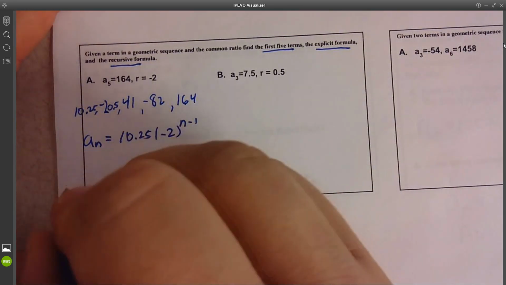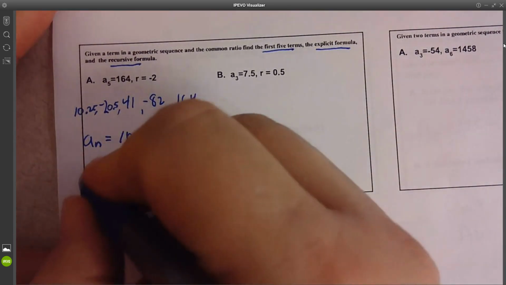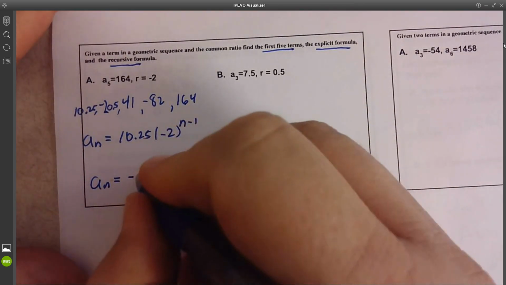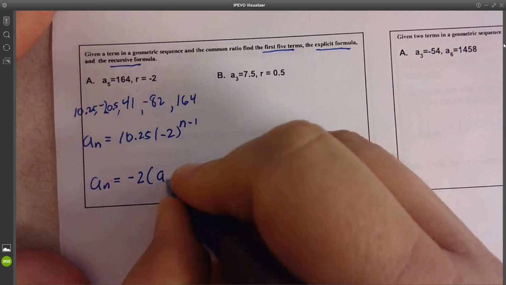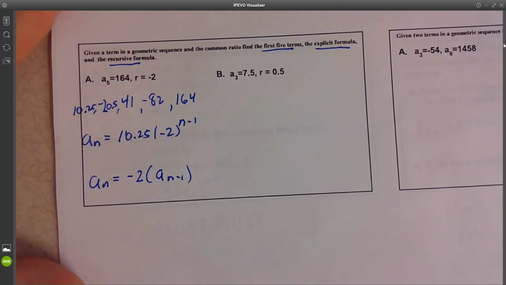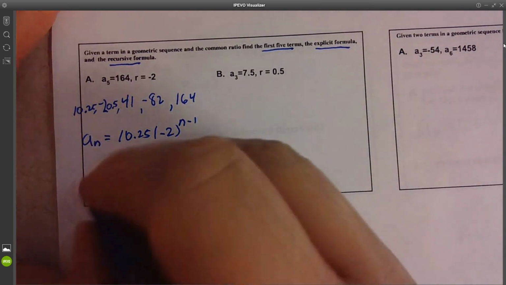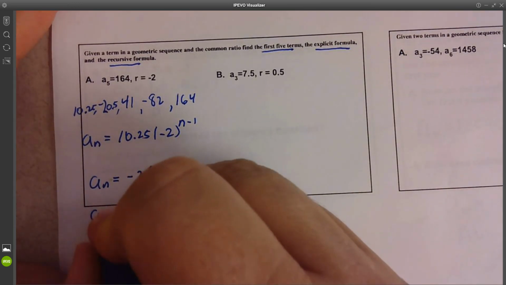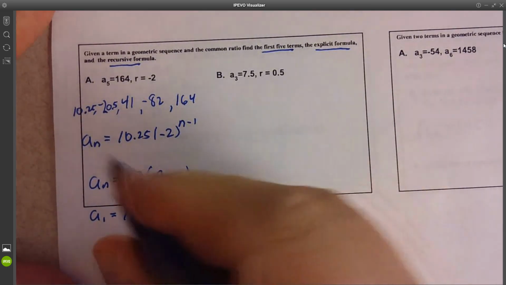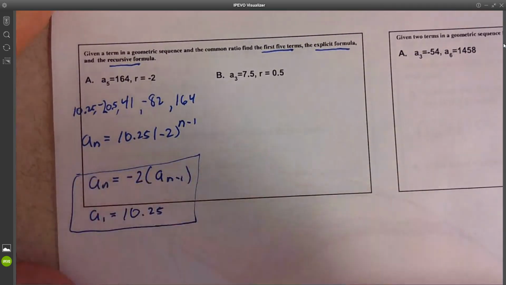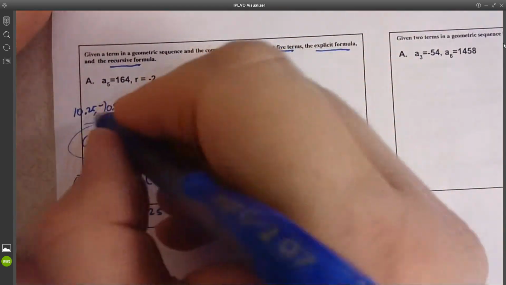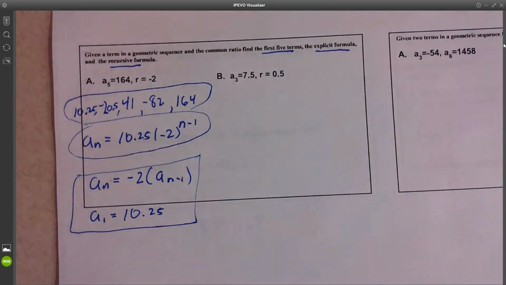And then my recursive formula would be a sub n equals, I'm going to times by -2 each time. So if I know the one before, all I got to do is times by -2. And then for that one, I need to include where it starts. It starts at 10.25. So that's that formula. So there's that answer. That's part of the answer, and that's part of the answer.